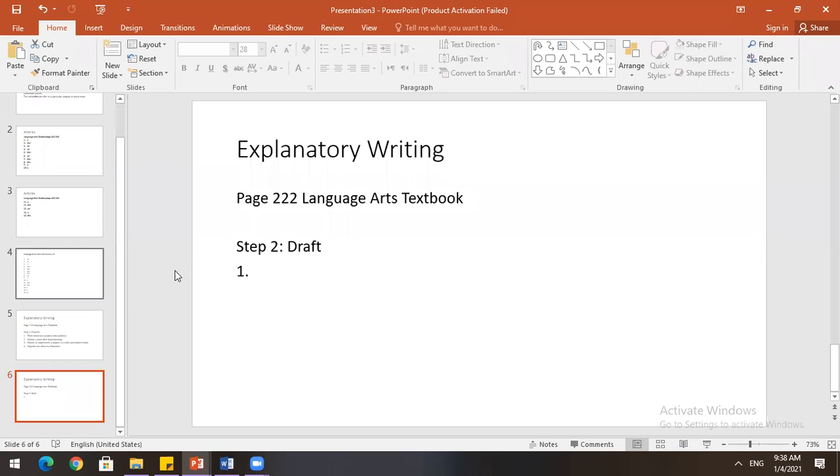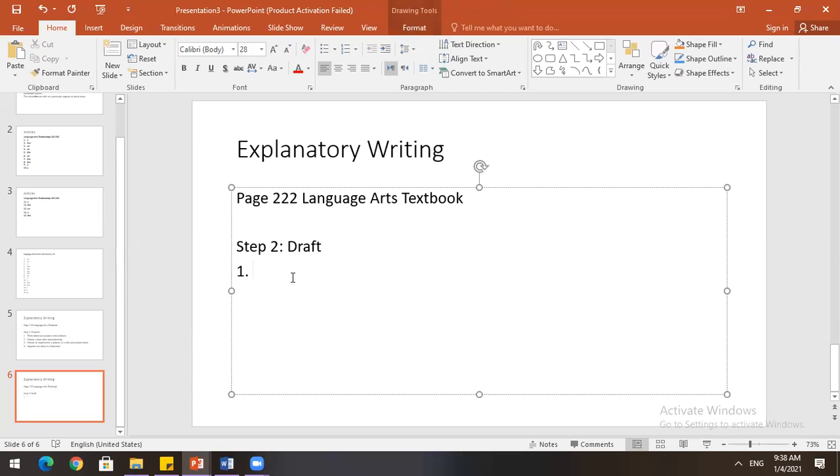Okay, so let's write the steps of the draft. What are we supposed to be doing now? We're supposed to review first, review the flow chart, write about how to make or do something.